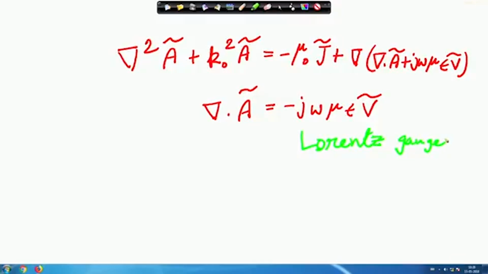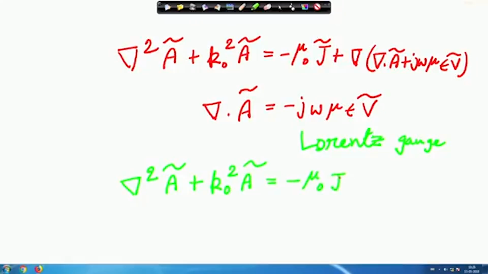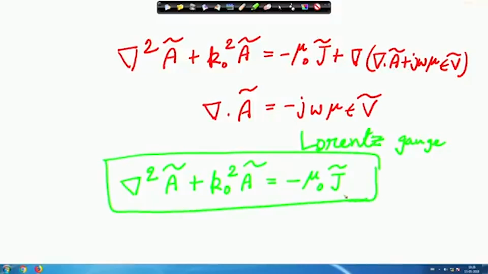With this, we come to our equation, so, this equation we will solve.